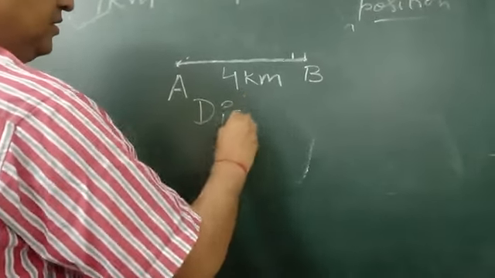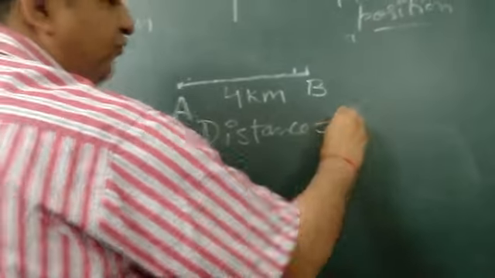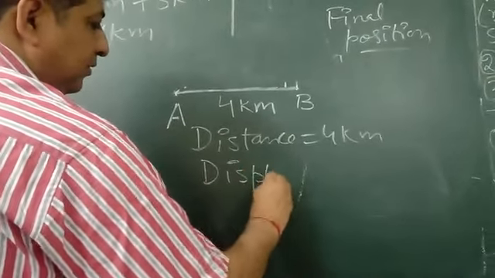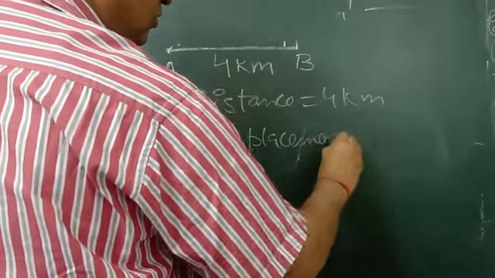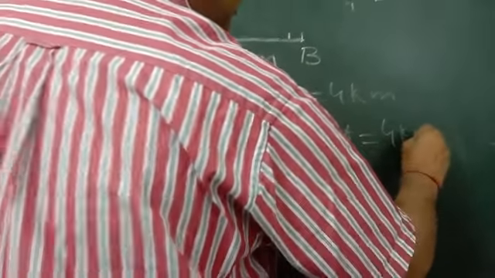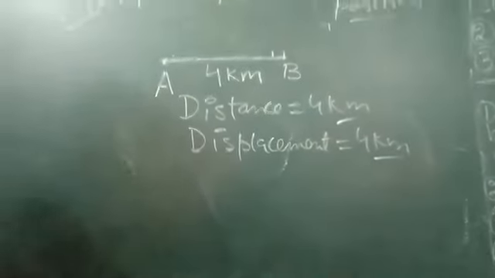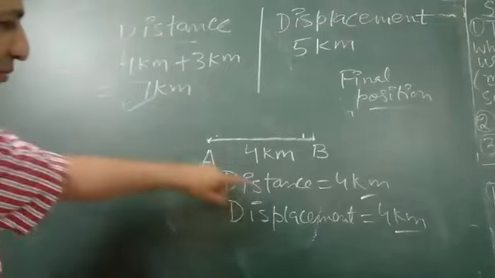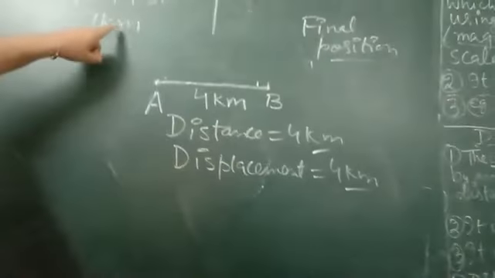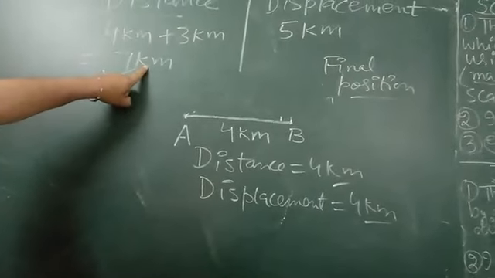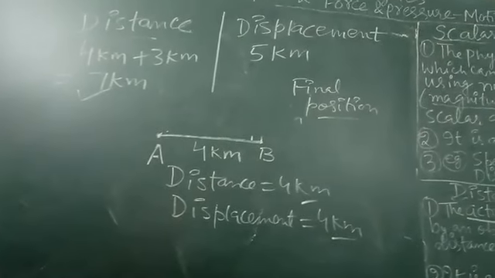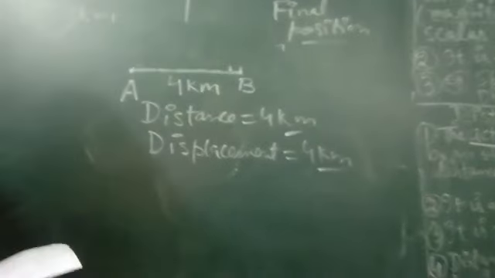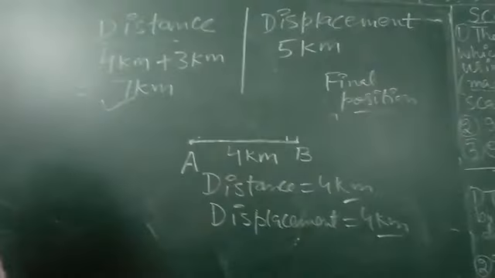Then the distance covered is also 4 km, and the displacement is also 4 km. So they can be equal as well. Okay, so the distance can be equal to displacement, or it would be greater than displacement, and that's always.